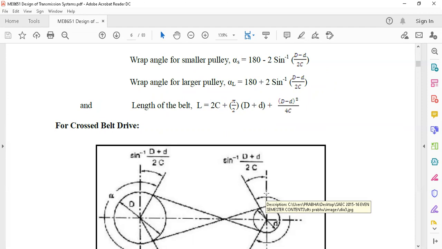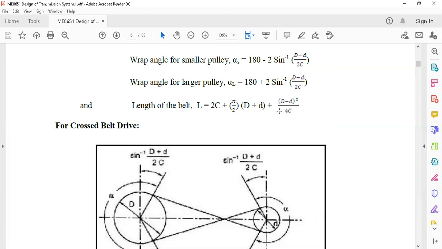Okay, semicircle in the sense of pi d divided by 2. That is what we commonly take, pi by 2 times (D plus d), plus the arc of contact, which is alpha. Why are we using 4c? That is the quadratic part. We are considering that 4c in that quadratic equation.